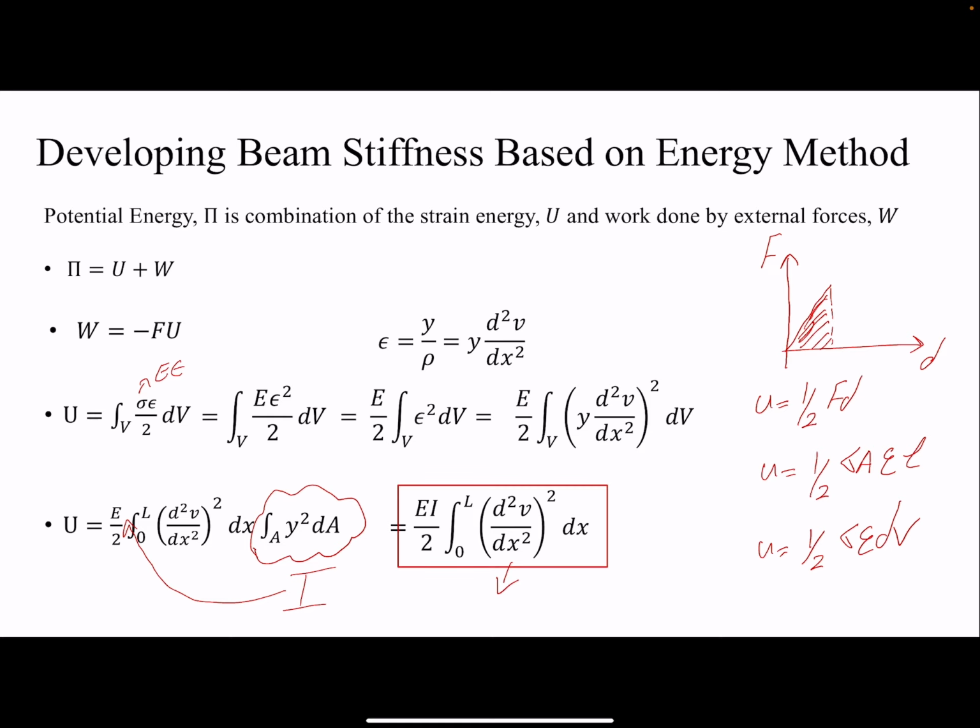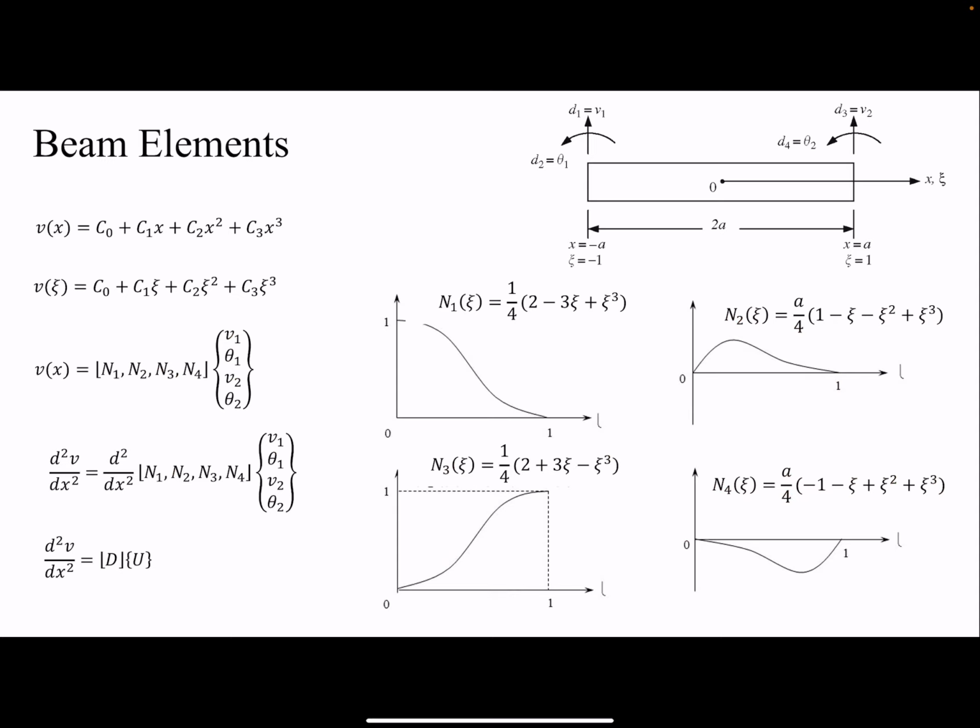So let's look at our shape functions. We can write the deflection in the global coordinate based on x. It is third order because we have 4 nodal variables, or we can write it based on the local coordinate.